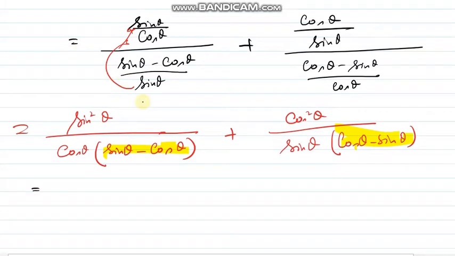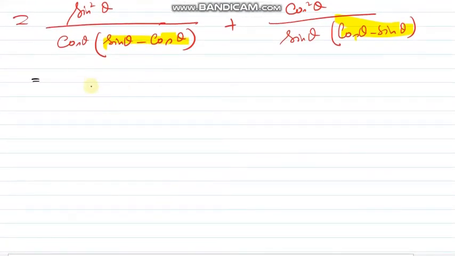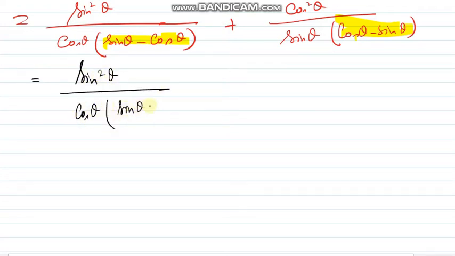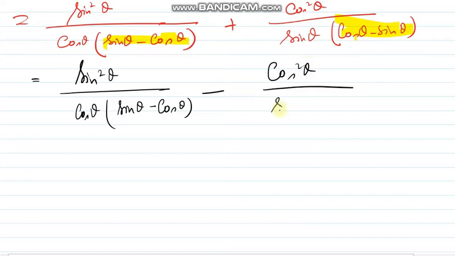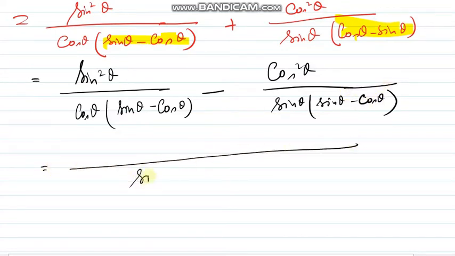So the sum will be now sin square theta divided by cos theta into sin theta minus cos theta, minus cos square theta divided by sin theta into sin theta minus cos theta. So the LCM will be sin theta cos theta into sin theta minus cos theta.